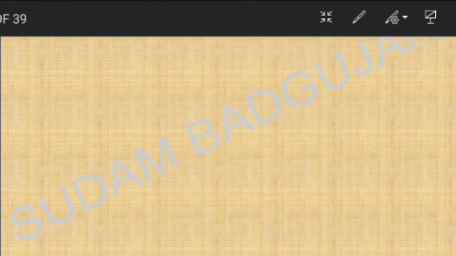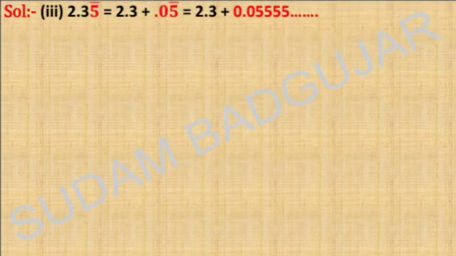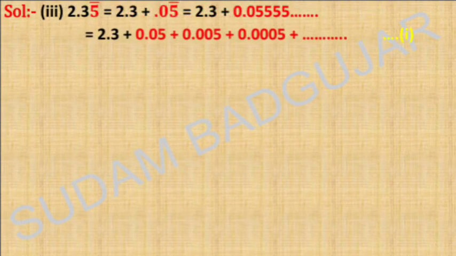In this way we can split it, and that is nothing but 2.3 plus 0.05 bar, that is 2.3 plus 0.05555 dash dash. Means 2.3 plus 0.05 plus 0.005 plus 0.0005 plus dash dash. This is equation number 1.